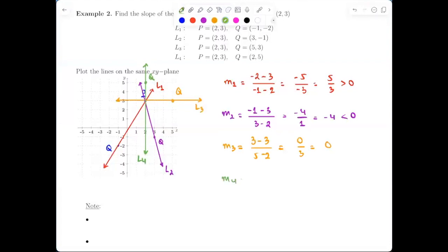I have M4 equal to (5 minus 3) over (2 minus 2). That gives me 2 over 0. What is my conclusion here? 2 over 0 is undefined, right? So the answer here should be undefined. That's the conclusion.